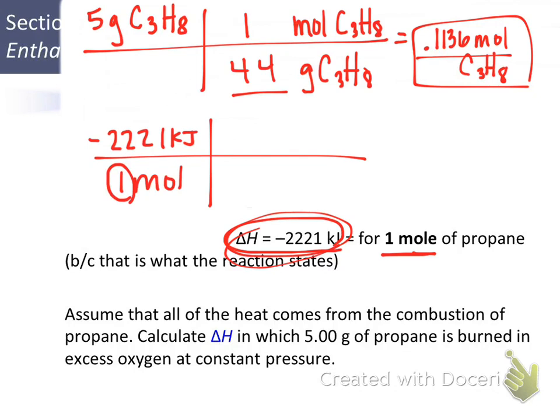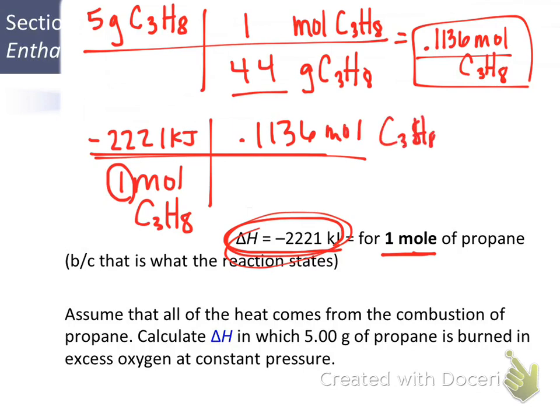So this much kilojoules is released per 1 mole of C3H8, and I know I have 0.1136 moles of C3H8. So that cancels and leaves me in kilojoules, which is what I want. You're just multiplying them together, but I'm showing you how the units match up.